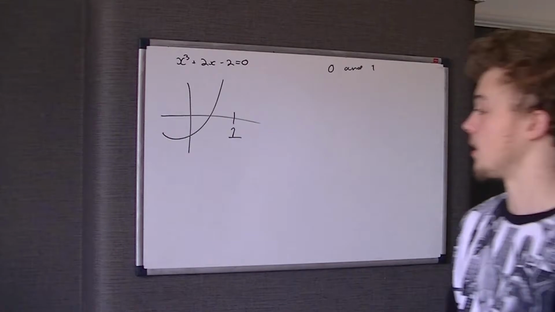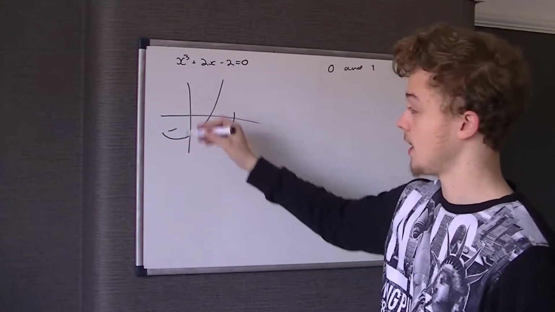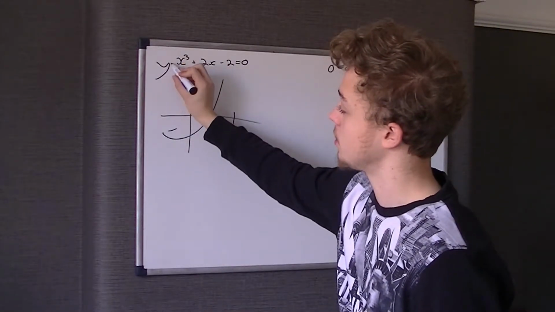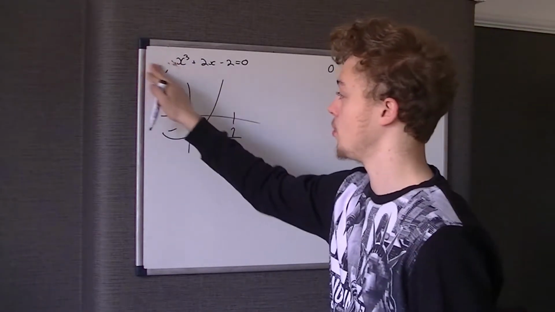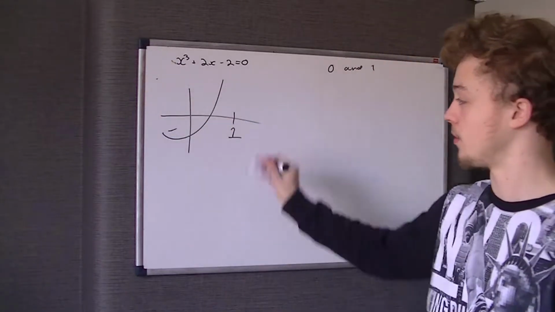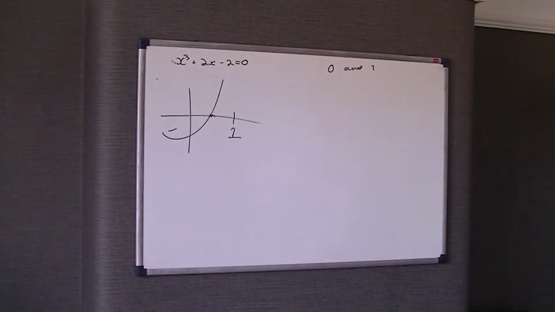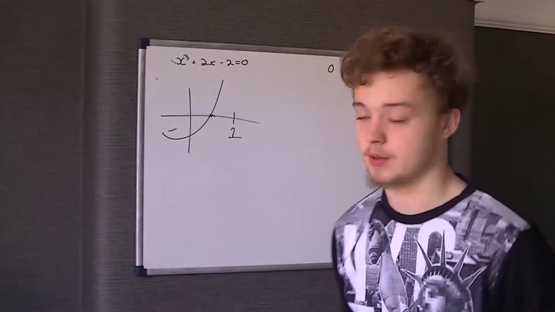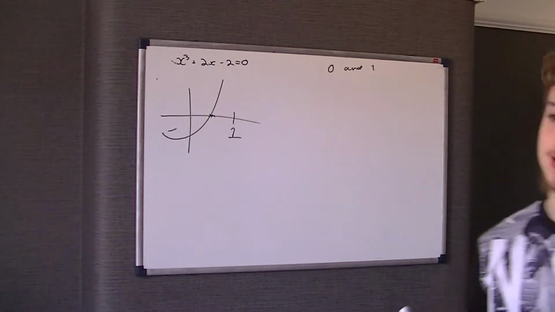If you put in an x value less than 0, you'd get a negative number for y, because y equals x cubed plus 2x take 2, and we put equals 0 because that's where it crosses the x-axis. So we know it looks something like that. If you put in an x value that is less than the root, you get a negative, and if it's greater, you get a positive.